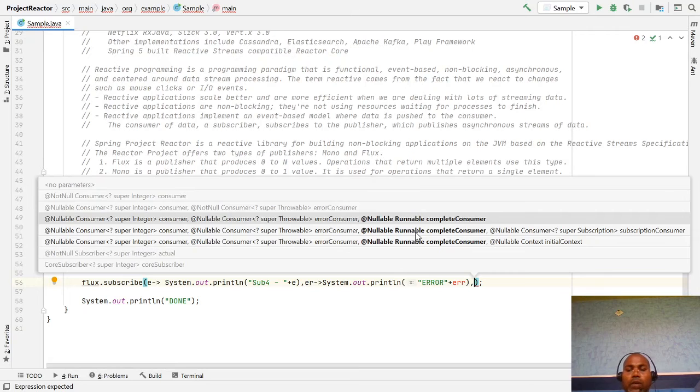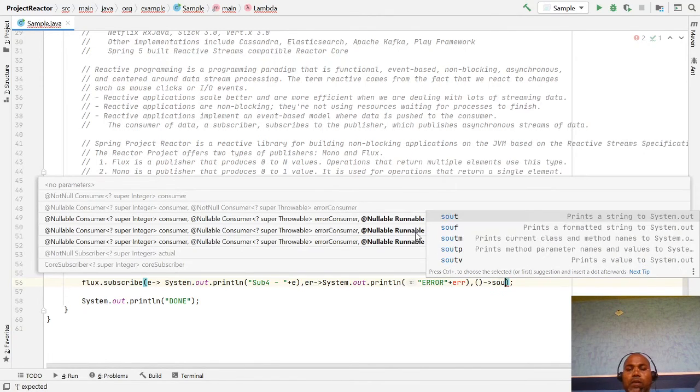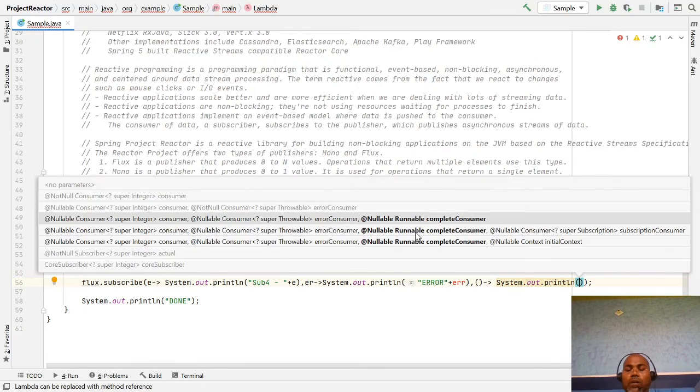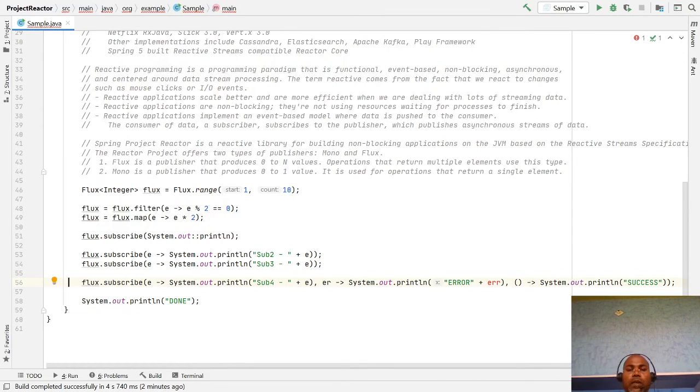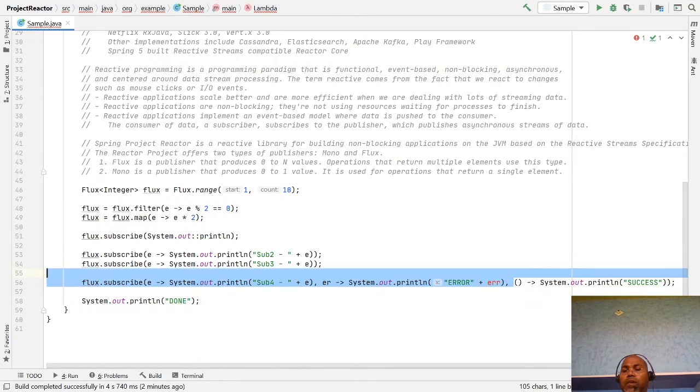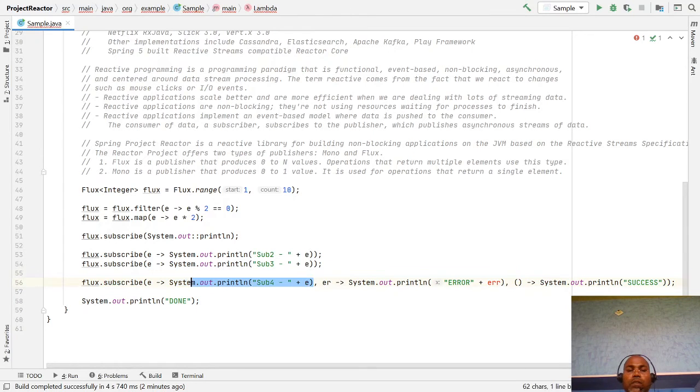If you are getting some success value, I'm doing done, success. So these are the three channels. As the task is done, completed. If any error happens, this channel can receive. If it is complete, this channel receives, and all the data processing, this channel receives.